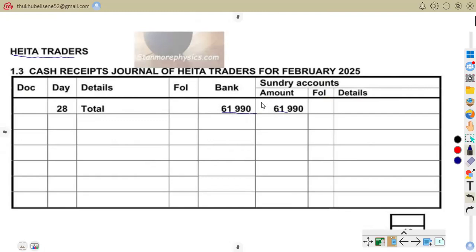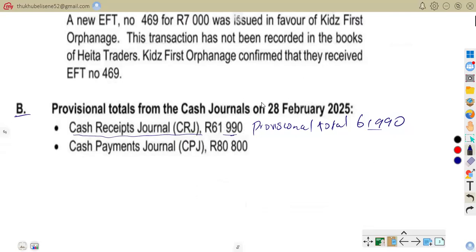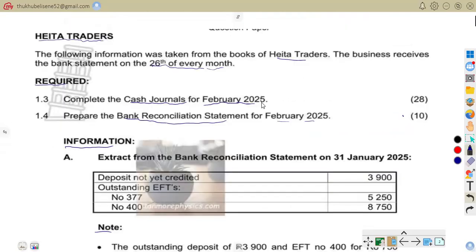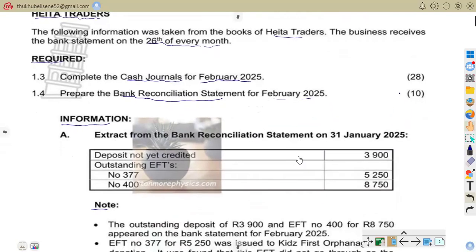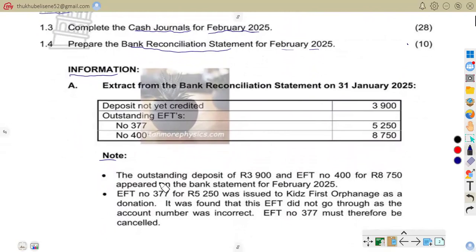Now we are to move on to another piece of information that is to be recorded under the cash receipts journal. As we go through our information, under the notes, we are told that electronic funds transfer number 377 for 5,250 was issued to Kids First Orphanage as a donation.